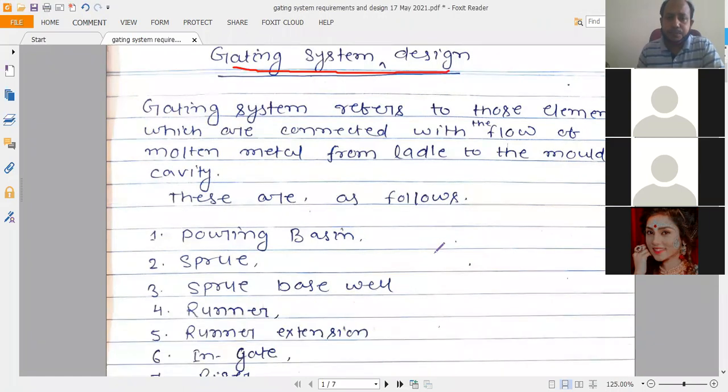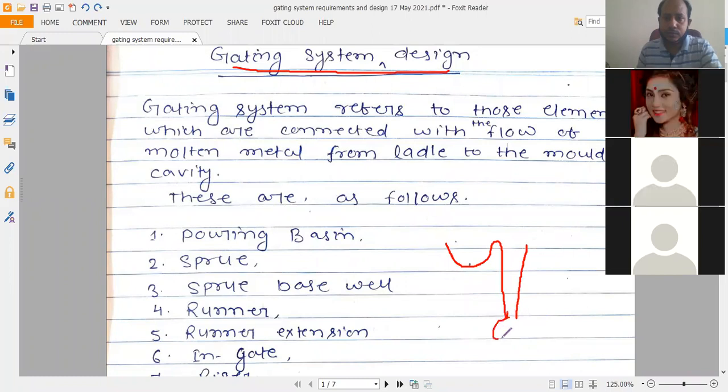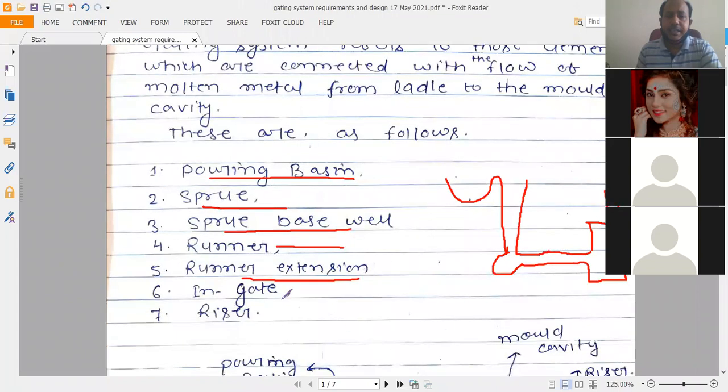The whole gating system consists of the pouring basin, sprue, sprue base well, runner, runner extension, ingate and riser.